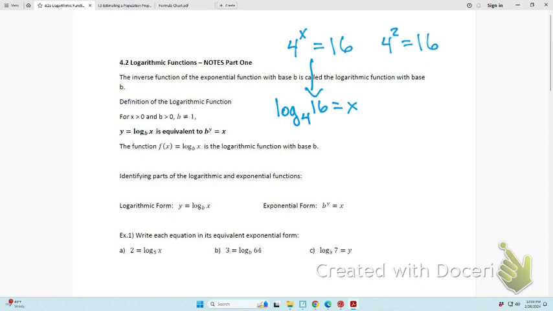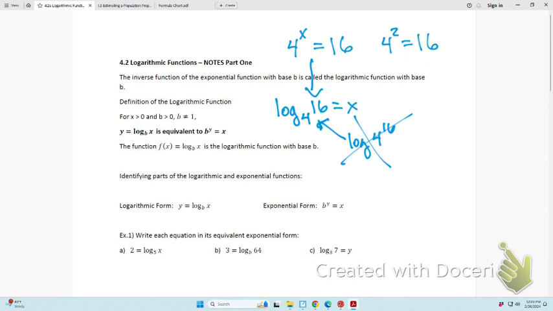So back to this. By the way, that is not log 4 to the 16th. That is not what that's saying, all right? It's a base. So you write the 4 a little bit lower, and then 16 should be right in line with the log, all right? Those are not the same thing.